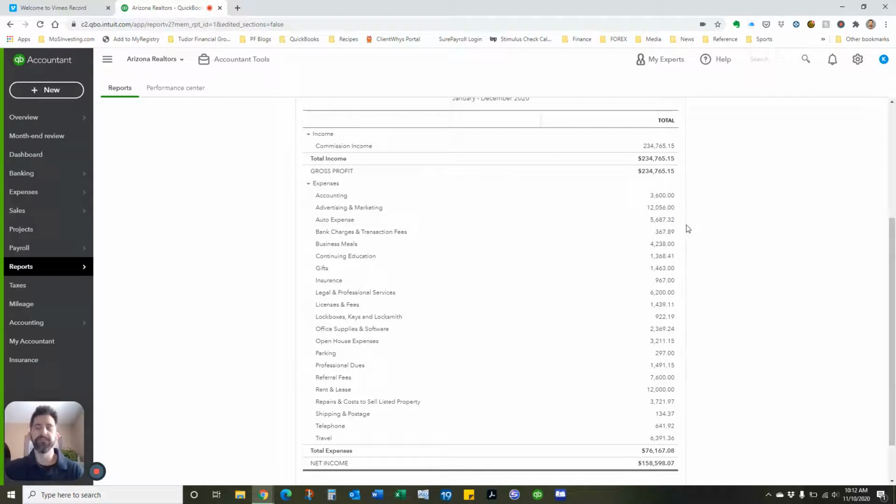Auto expense, these would be your expenses for your car. Maybe you're spending a lot on repairs or gas, or maybe you bought a new car this year and you're putting that in there. You want to be able to keep track of that, and then at the end of the year, you also want to be able to keep track of your mileage with an auto expense and determine with your accountant what the best deduction for that is.